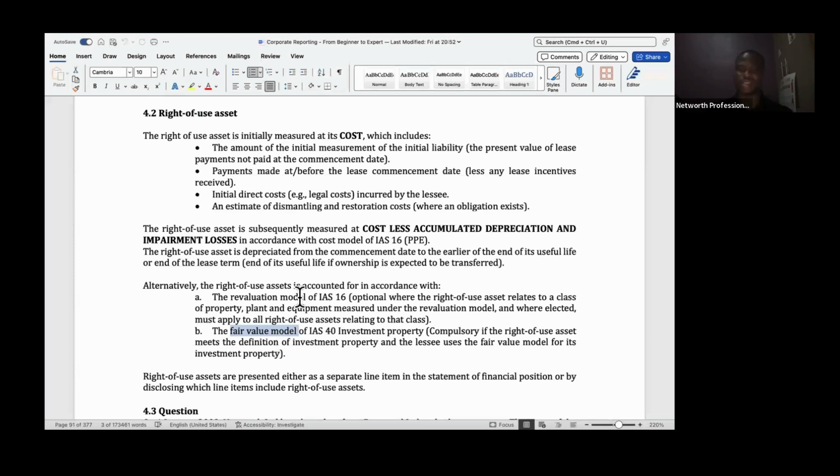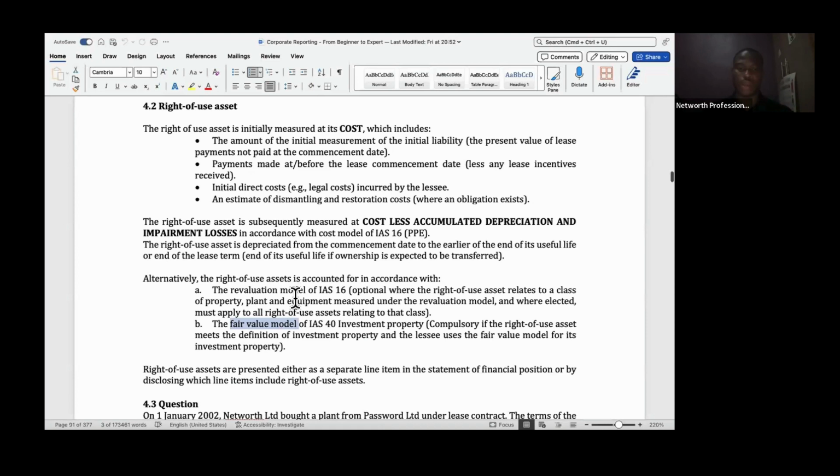If the leased asset is covered under IFRS 16 and you have chosen to use the valuation model, so be it. If the leased asset is an investment property and you want to use a fair value model, that's also fine, okay? But majorly, the exam will not go in this direction.